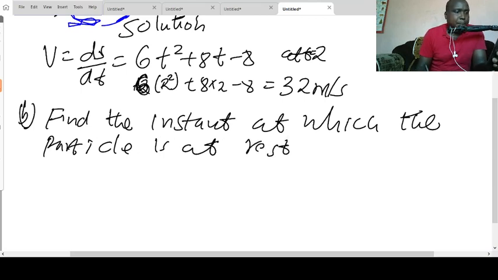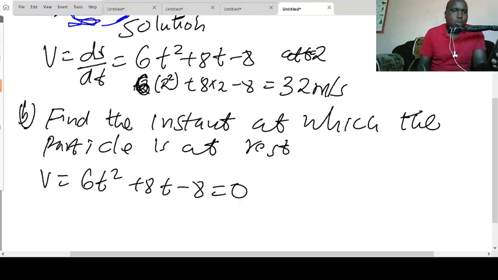Remember, a particle is at rest when velocity is equal to 0. So we have velocity. V is equal to 6t square plus 8t minus 8. This one is equal to 0. So the instant is giving us the time when the velocity is going to be 0. That is what it means.